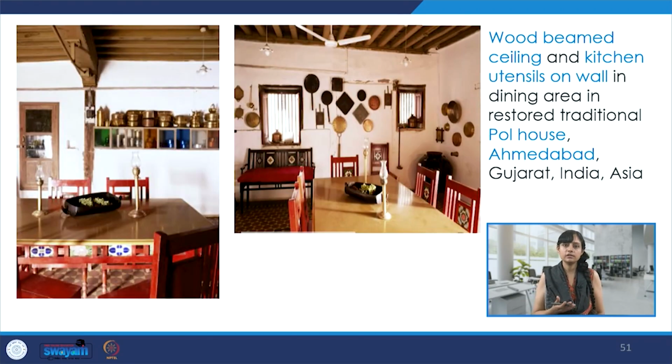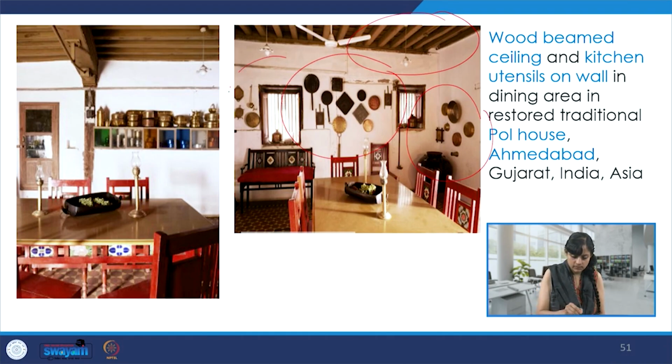Another project here where we see details of timber on the ceiling, interesting utensils, the arrangement of the objects in the space, the kind of detail over here on the furniture pieces, and the kind of color scheme that we see over here. And all the furniture has a very, very distinct vocabulary.